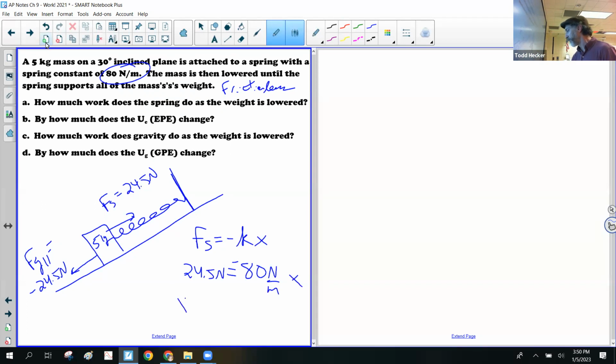And what you discover is that the spring right now is stretched by a distance of negative 0.306 meters. Again, that negative sign is just telling me that the spring is stretching down.